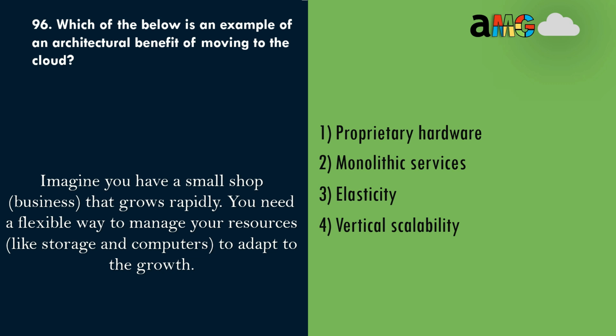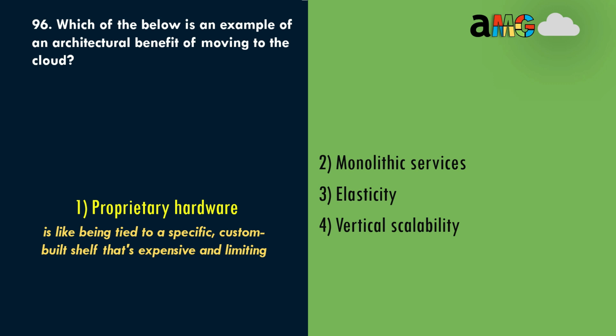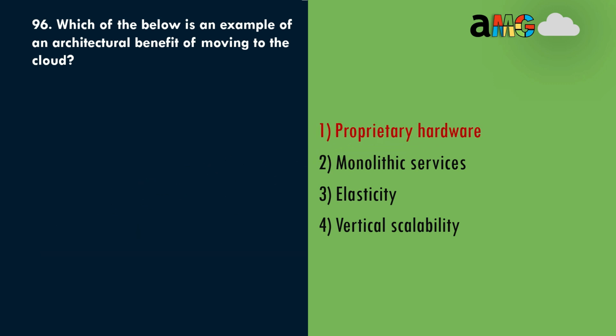You need a flexible way to manage your resources like storage and computers to adapt to the growth. Now proprietary hardware is like being tied to a specific custom built shelf that is expensive and limiting. So this becomes your wrong answer.